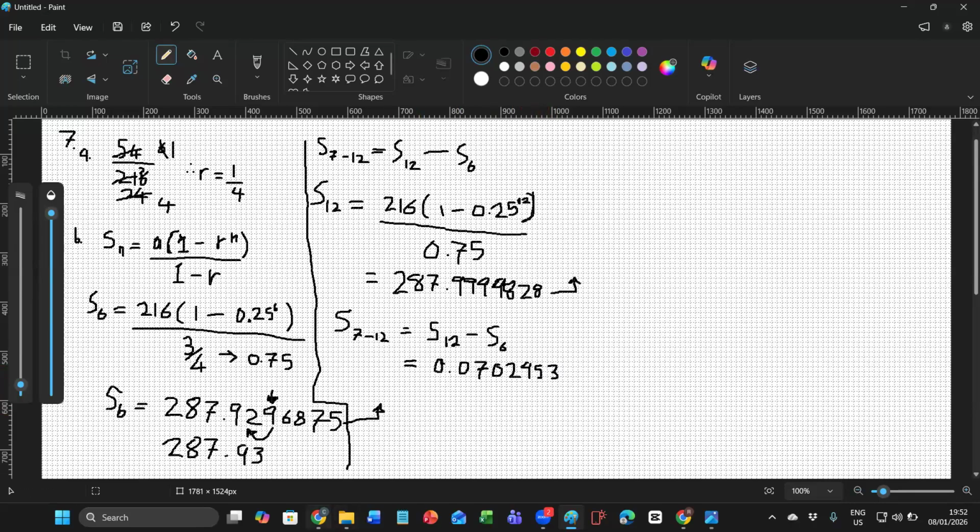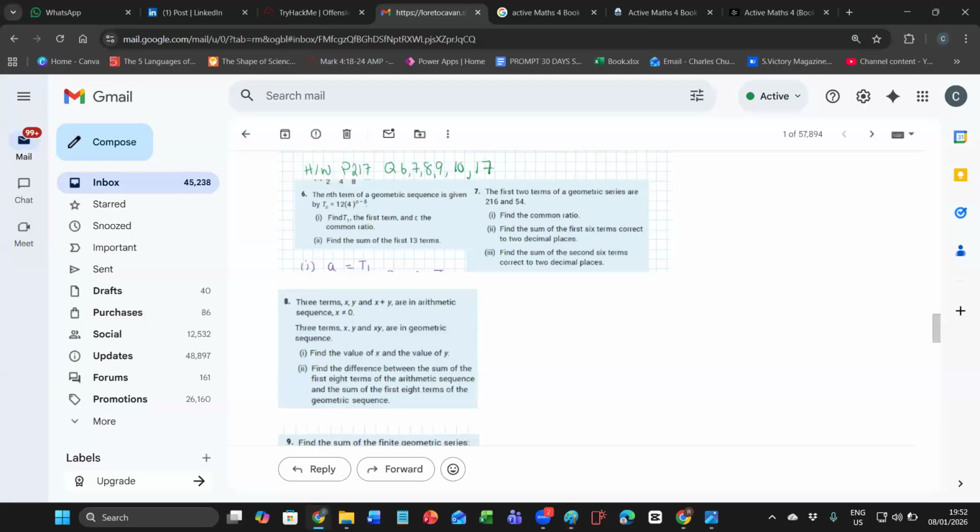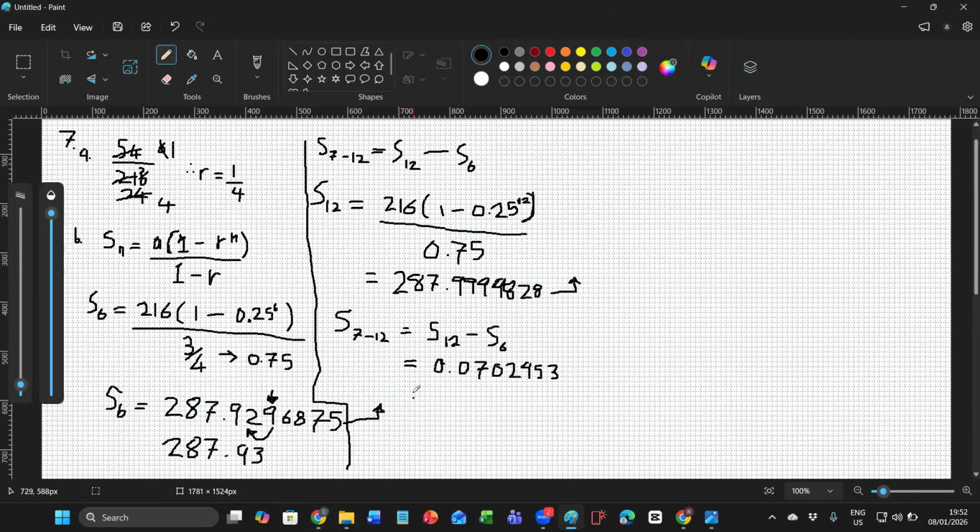Now the question said to two decimal places, so that will leave us with just 0.07, isn't it? Nothing can change the 7 that's behind it.